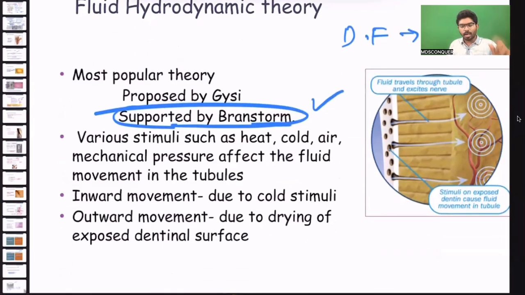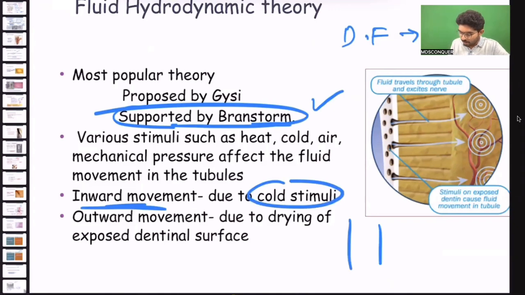Important point to be noted: this concept slightly varies from book to book, but these are straight away lines from your Orban's. Inward movement during cold stimulus. Cold stimulus, what is going to happen to the fluid? Assume that the fluid level is this. Whenever you heat, what happens to the fluid? You take a bowl, heat the water.